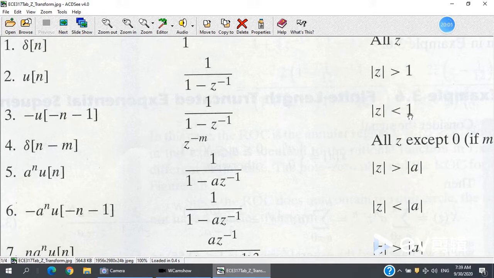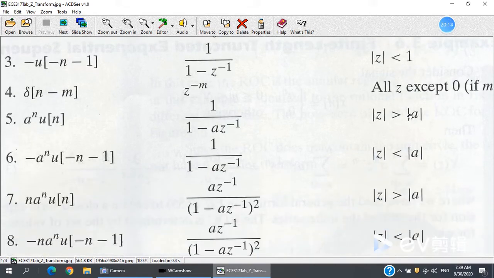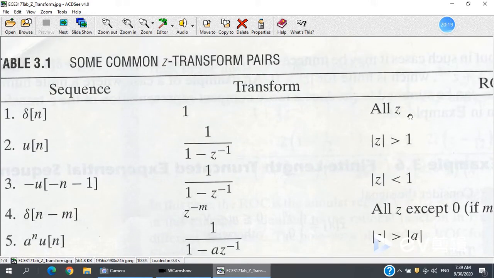Then we have more signals. The first is delta, the second is u, the third is the reverse side of u, then the fourth is a shifted delta. Compare 1 and 4.